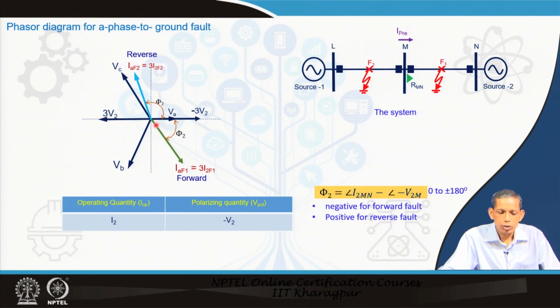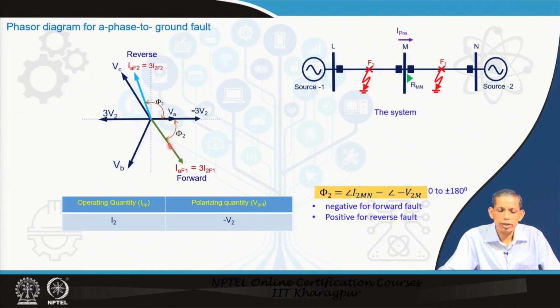Now, in this situation of F1, the forward fault, the current direction through the relay will be like this. The corresponding current will lag the voltage. So, the current in phase A for fault F1 will be this one, but this will be nothing but 3 times the negative sequence current, because for the line to ground fault IA1 equals IA2 equals I0.